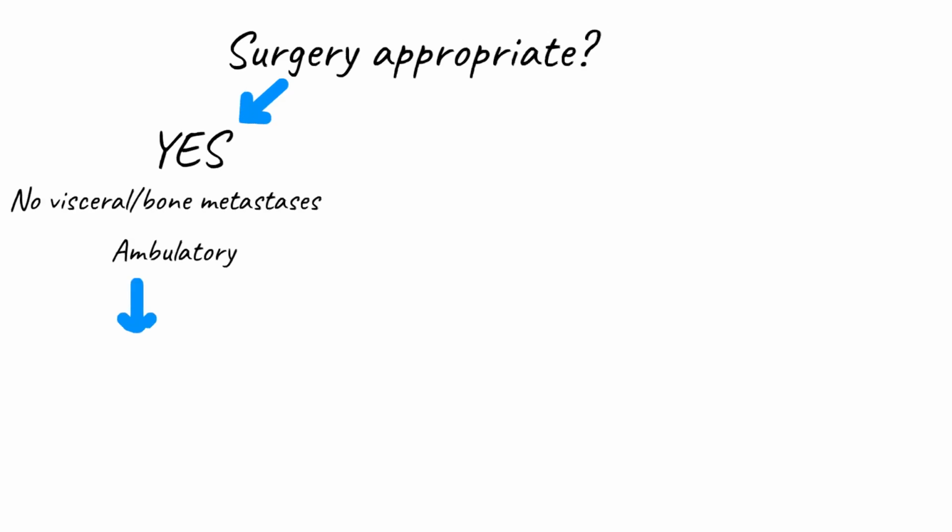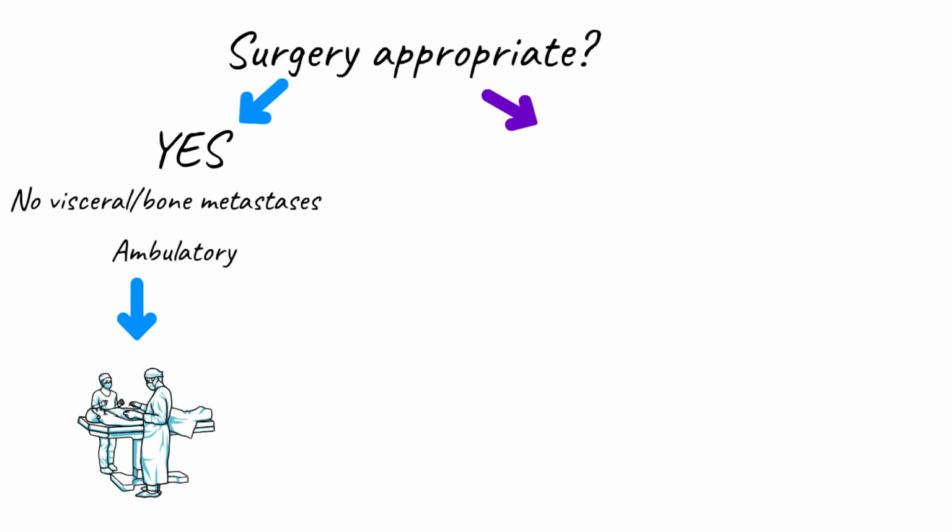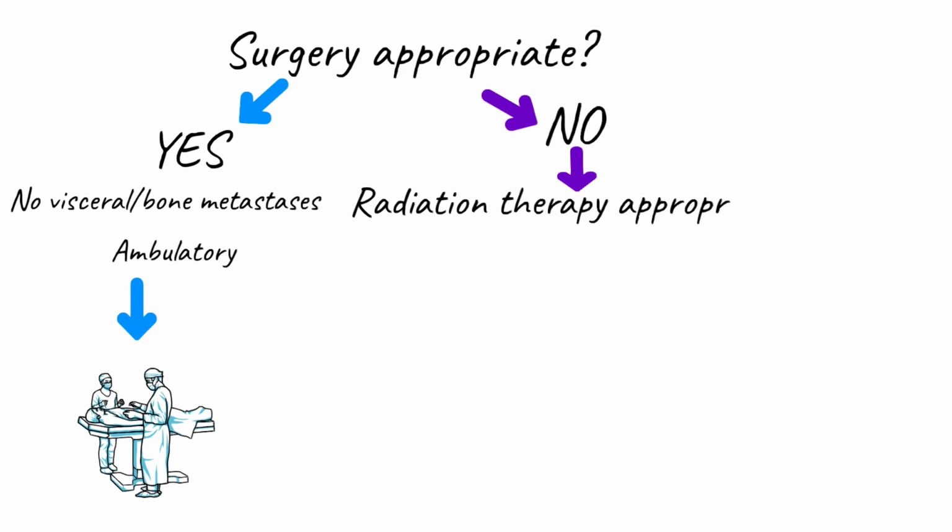Many patients with metastatic cancer presenting with spinal cord compression are not surgical candidates. Spine surgery will evaluate if a surgical approach is appropriate. If that is not the case, then radiation oncology will evaluate the patient to see if radiation therapy is appropriate.